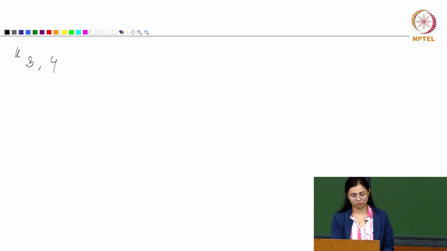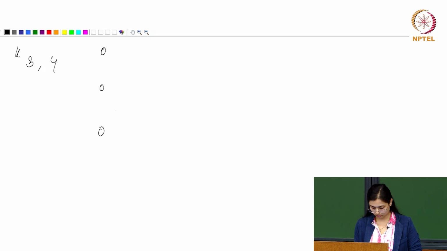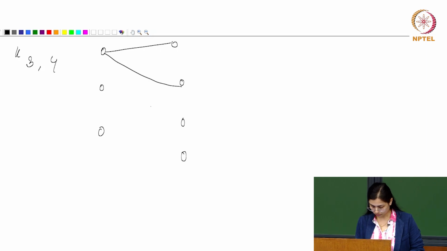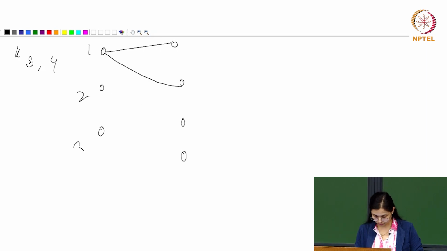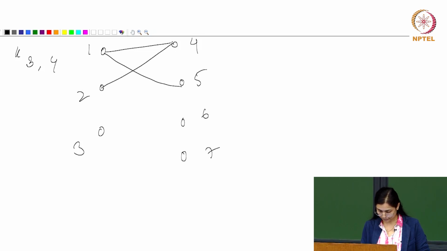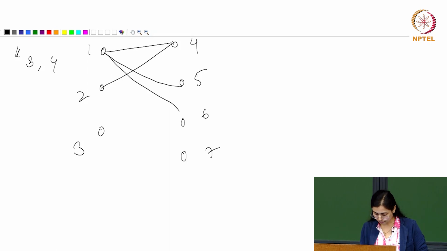What about this? It has 4 vertices of odd degree, so it won't have either a path or a cycle.